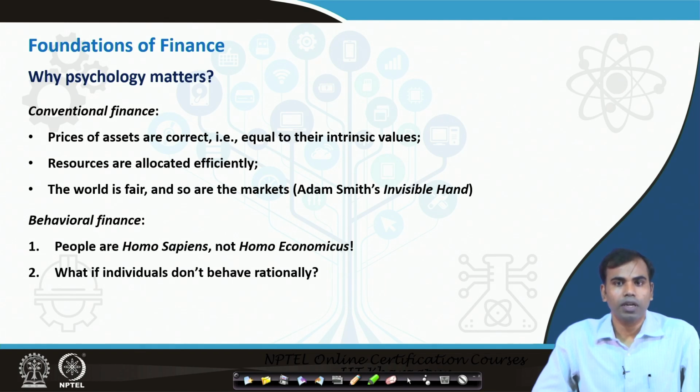All these assumptions are very important, but recently we have seen in research that human behavior cannot be considered rational, the reason being that people are homo sapiens and not homo economicus as assumed by the traditional economic theory.